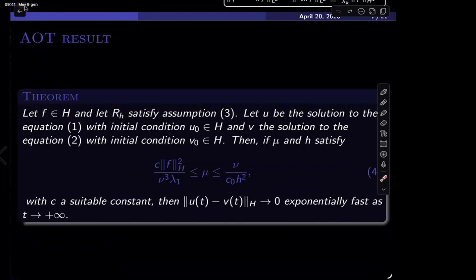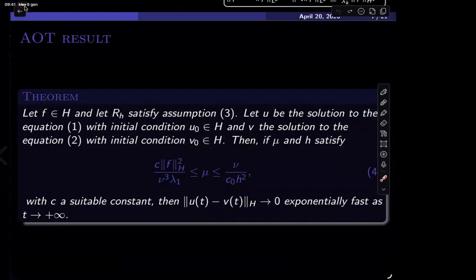And they prove that if you consider the solution of the Navier-Stokes equation starting from an initial condition u0, and you consider the solution of the nudging equation starting from an arbitrary initial data in H, then under suitable assumptions on the parameters mu and h, basically you have that when time goes to infinity, the approximating solution converges to the true solution exponentially fast in time.